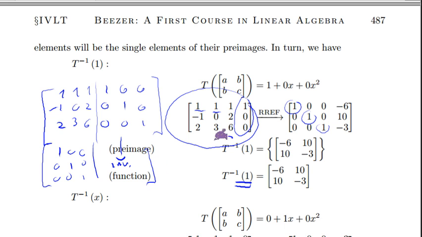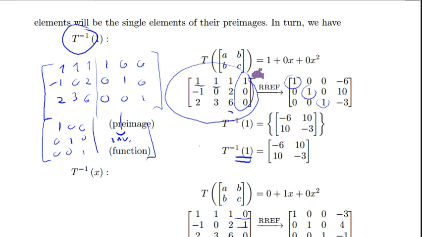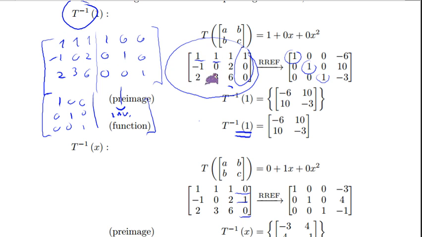So that's a preview of what we're going to see, that in fact the matrix for the inverse linear transformation is simply the inverse matrix for the original linear transformation. So instead of doing 3 separate row reductions, I could have done all 3 at once, and we know that when we do that, we'll get the inverse of the original matrix that was on the left-hand side.